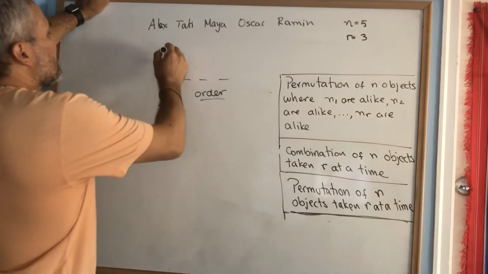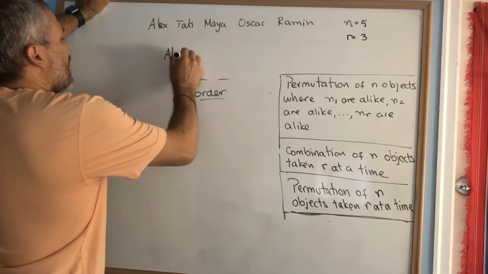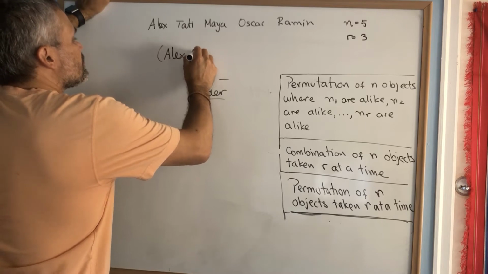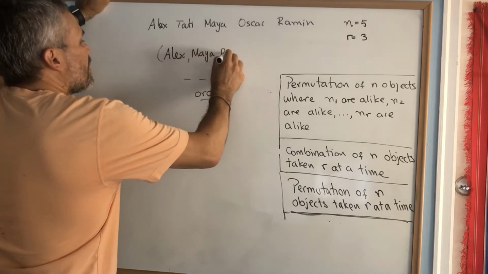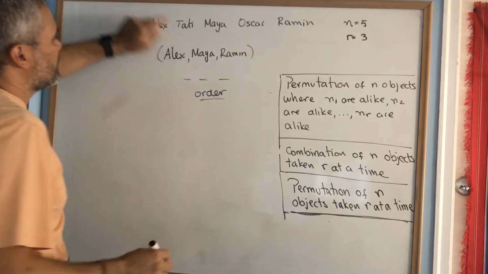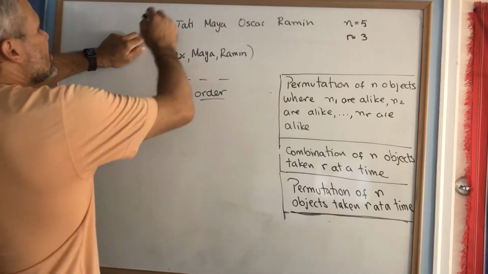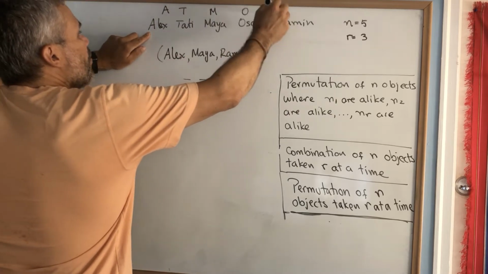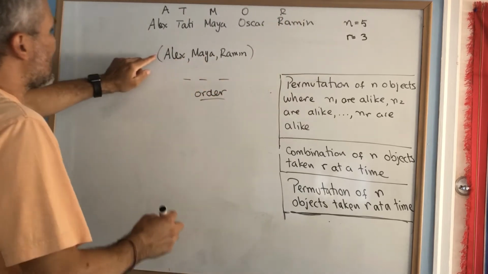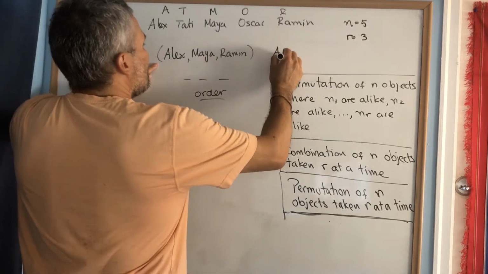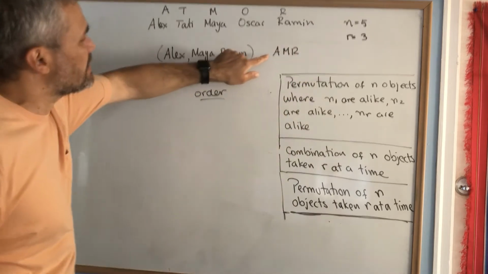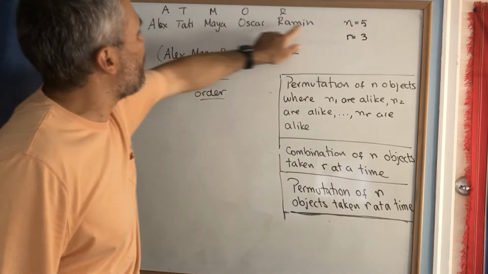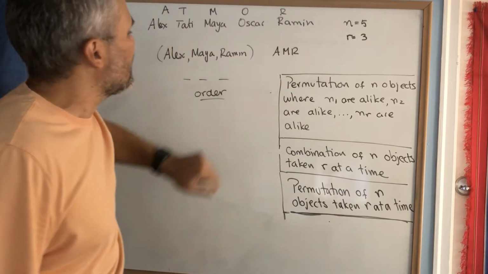This is a possibility: Alex, Maya, Ramin. I can use just the first letters, A, T, M, O, and R, so I will write this as A, M, R. This is a choice of 3 elements taken from 5 objects, and the order matters.